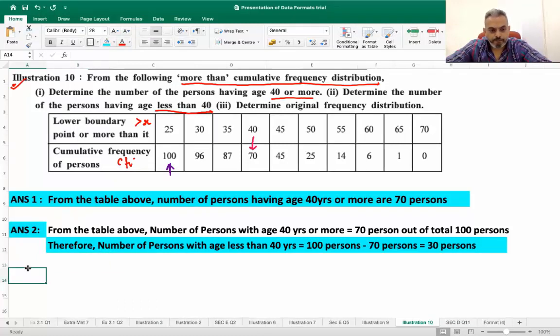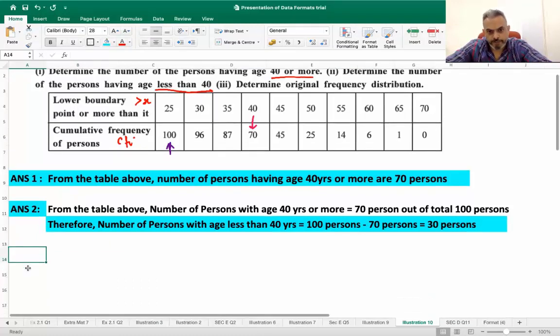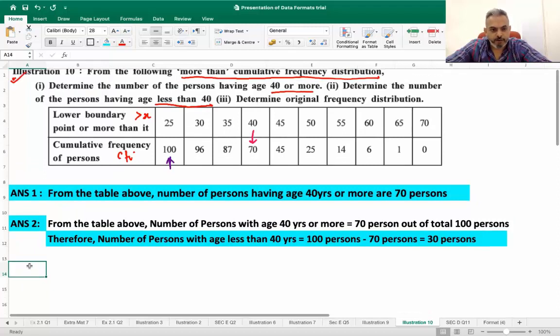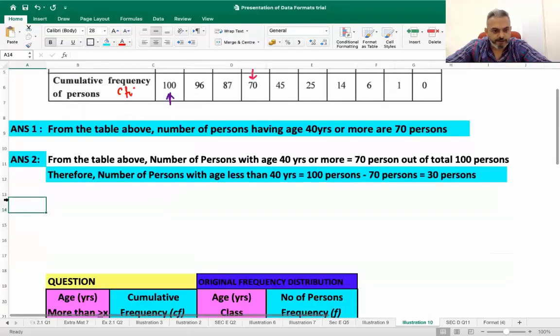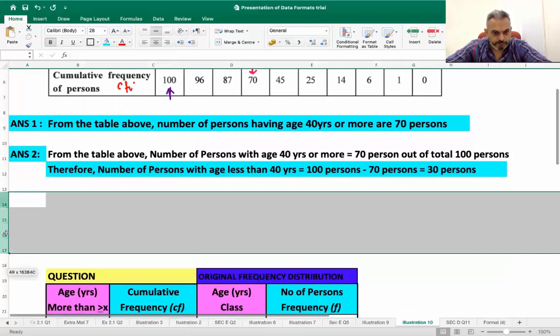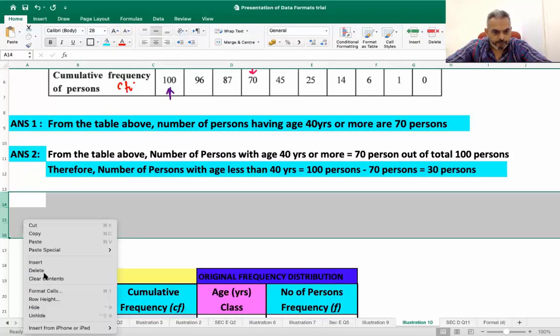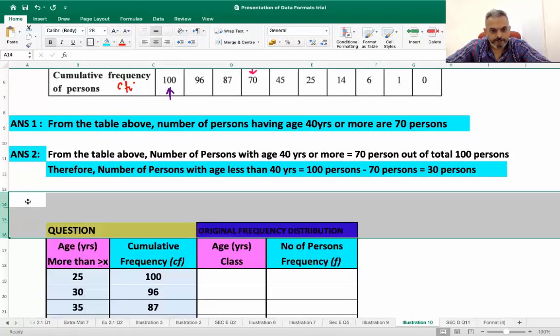Now, we go to the third part, determine the original frequency distribution. So you need to make a format.